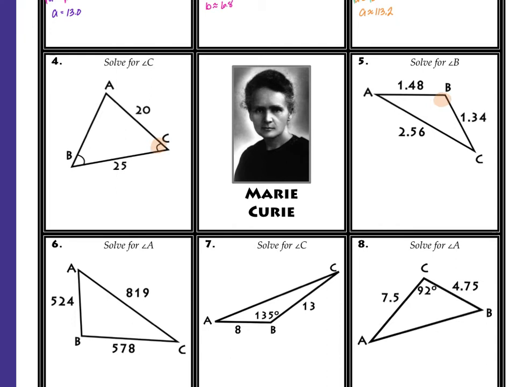So number 4, if the 2 angles at the bottom are the same, what type of triangle does that make it? Do you guys know? Do you remember? If these 2 angles at the bottom are the same, what type of triangle is that?